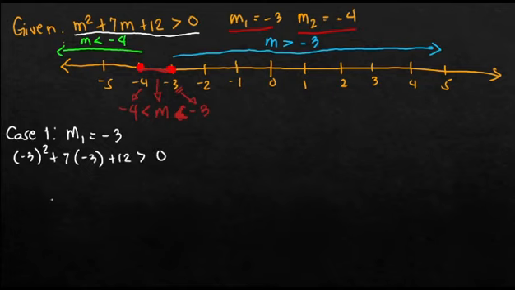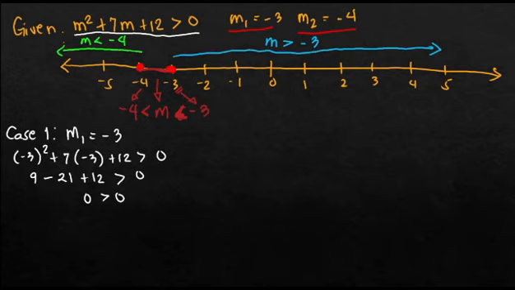And then we simplify lang. -3 squared is 9 minus 21 plus 12 greater than 0. So, yan na yung na-simplify natin. Simplify ulit natin. 9 minus 21 is -12 plus 12 greater than 0. So, that is now 0 greater than 0.